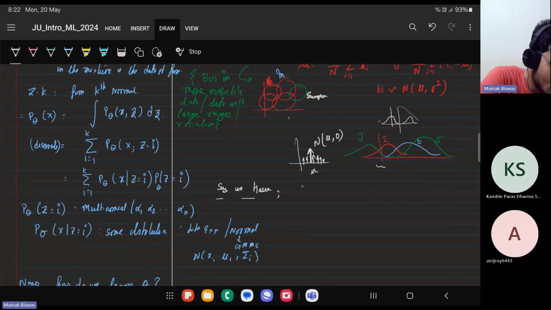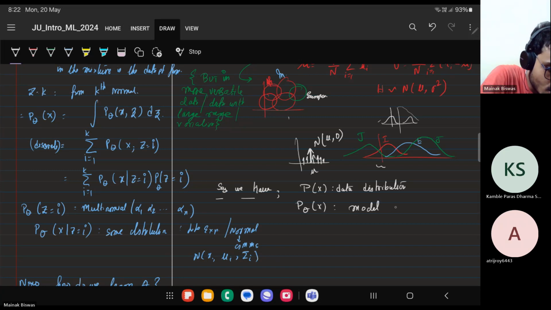Let us have some notation. Let P of X be the data distribution. P theta of X is the model distribution of the data.